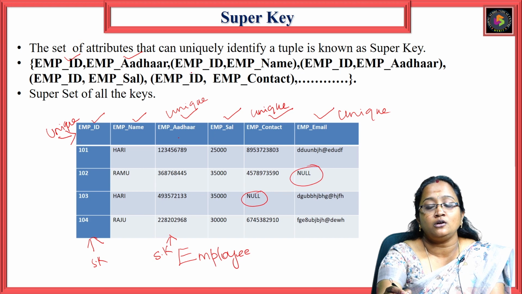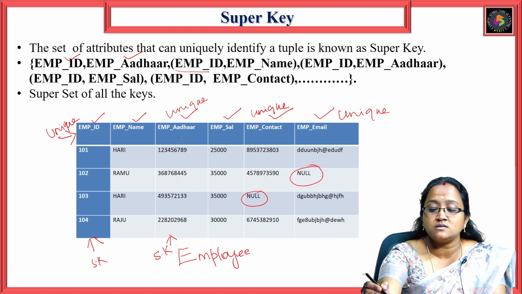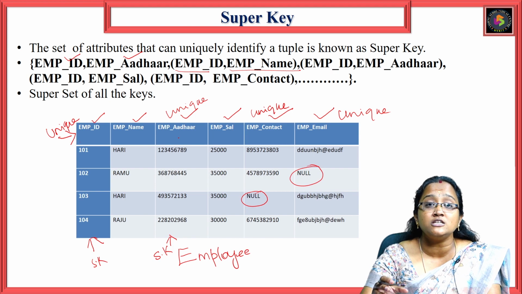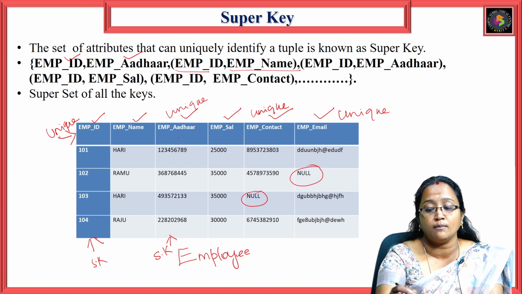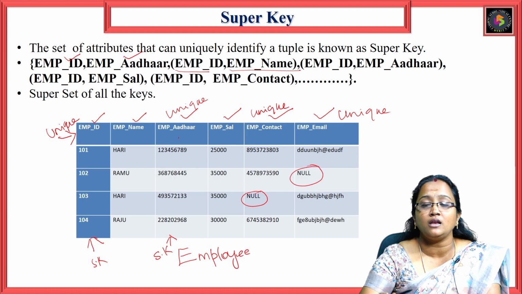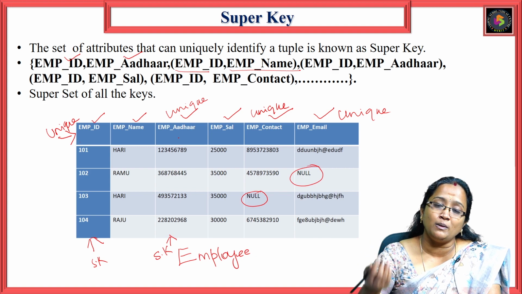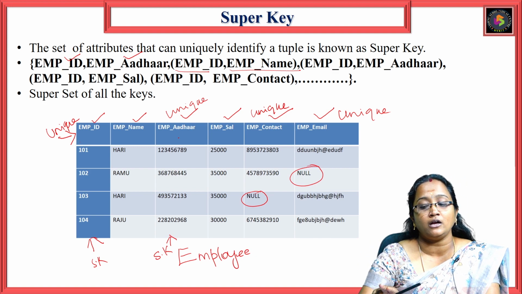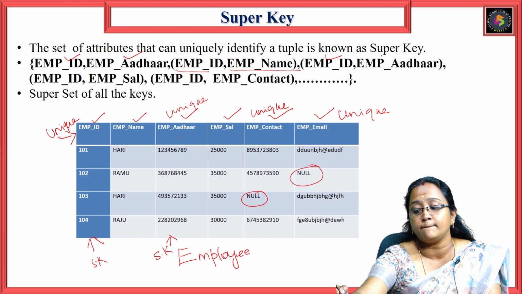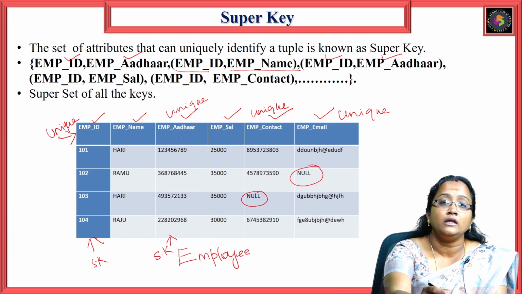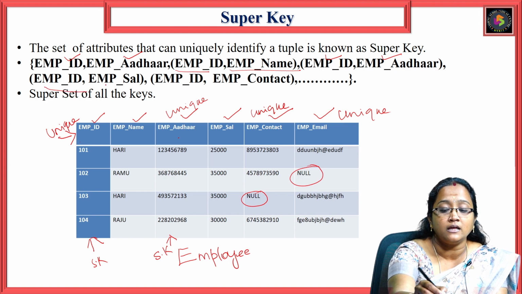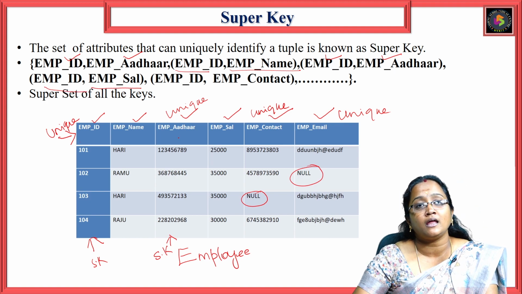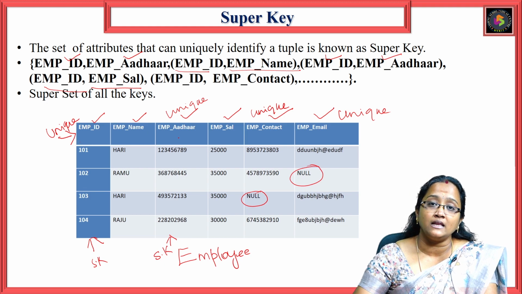Next, we are going to take unique attributes plus attributes which can have null values. These are the combinations of attributes. I am going to take the combination of employee ID and employee name. Employee ID is unique, and employee name can have duplicates also, so we can still use it to find the tuple. Next, the combination of employee ID and employee Aadhaar. Employee ID plus employee salary: employee ID is unique, employee salary is not unique.